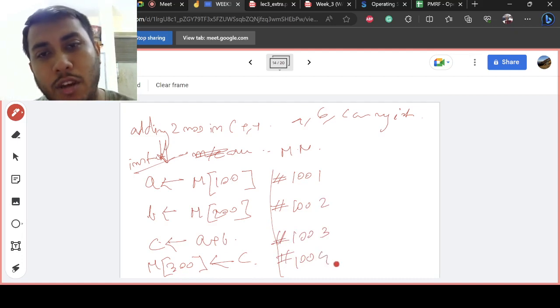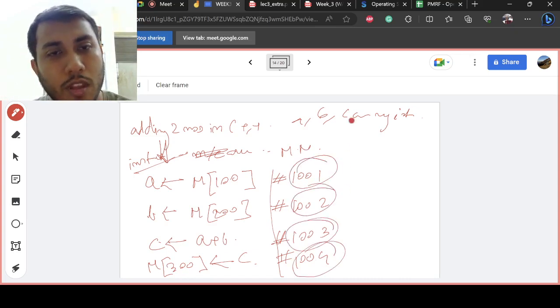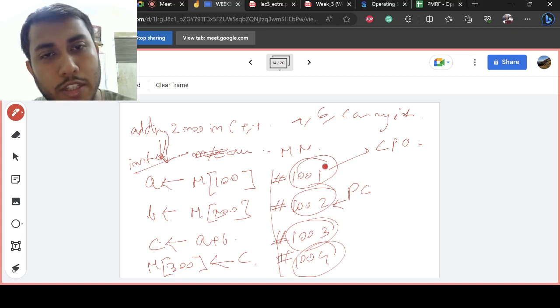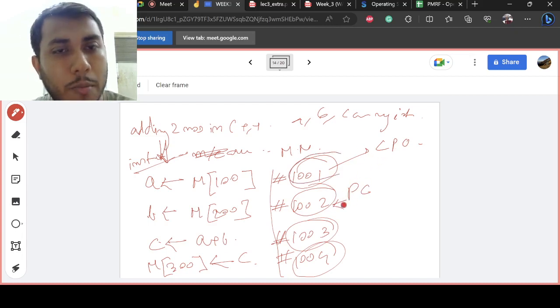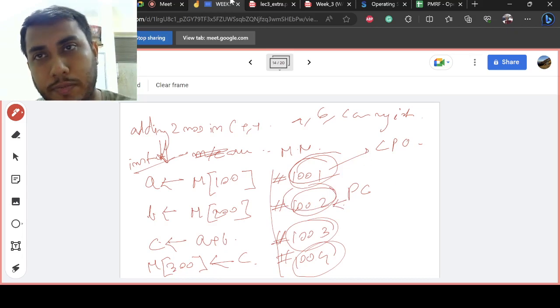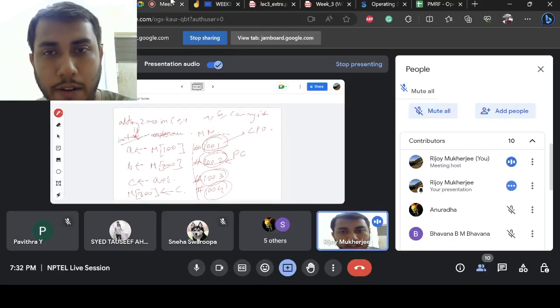When the CPU executes these instructions one by one, it loads from these memory locations. When the CPU is executing 1001, the program counter will point to the next instruction that will be executed. So it is pointing to the next instruction to be executed. Program counter clear?